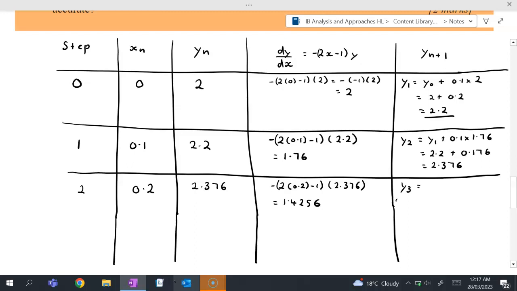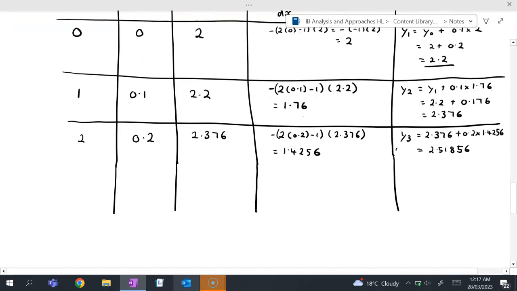So then y3 will be y2, which is 2.376, plus the step value times the derivative, which is 1.4256, which then comes to 2.51856. I'll talk about accuracy a little bit later.